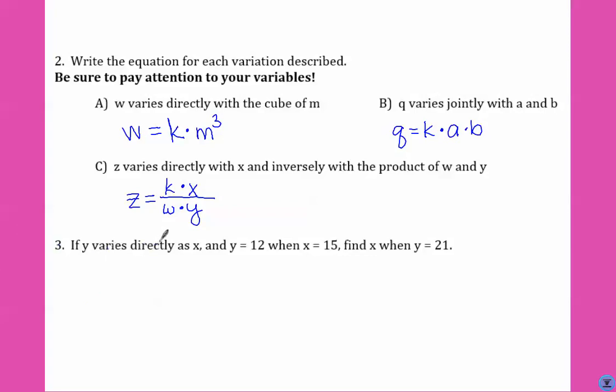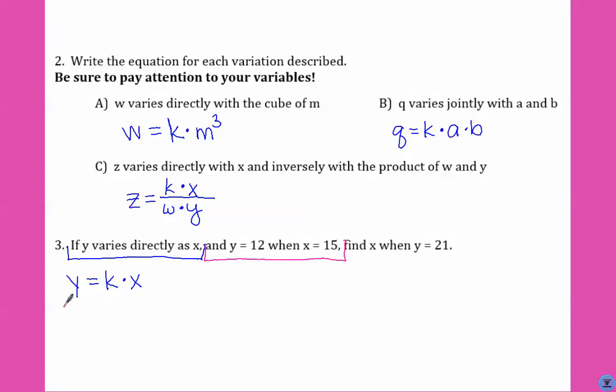If Y varies directly with X, so that's step one. Start at the beginning. Okay, let's put that into an equation. Y varies directly with X. Okay, then we can go on to, and Y equals 12 and X equals 15.